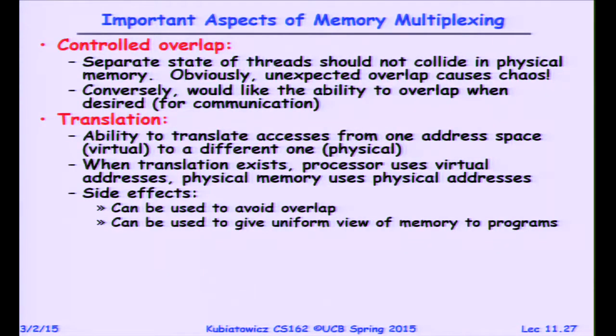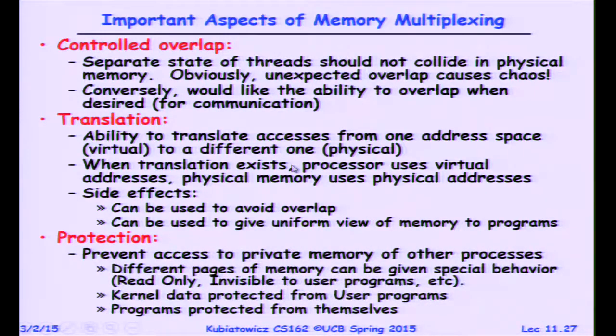I know that it's hard to keep virtual life and real life separate, but let's try to separate them at least for this lecture. So when translation exists, the processor is basically going to use its virtual addresses as if they were real addresses, but then there's something in there, physical hardware or software, that's going to translate it to the physical hardware underneath and help us avoid overlap.